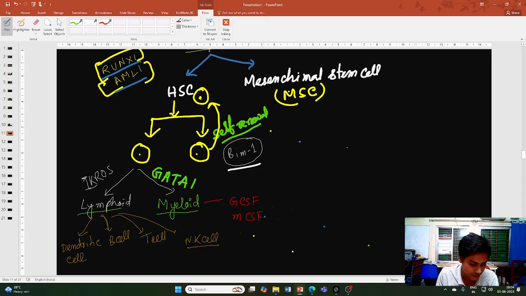For GCSF it will be the myeloblast, because it gives the granulocytes. So you can write down myelocyte. For the myelocyte, it can differentiate into the following, if we write them down it will be better.